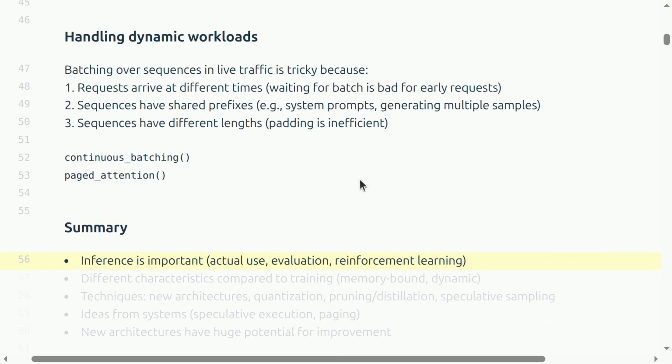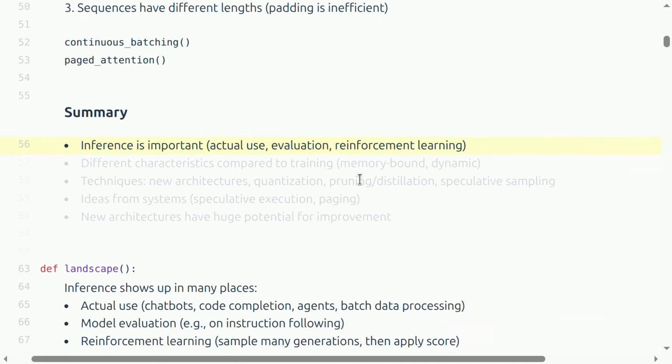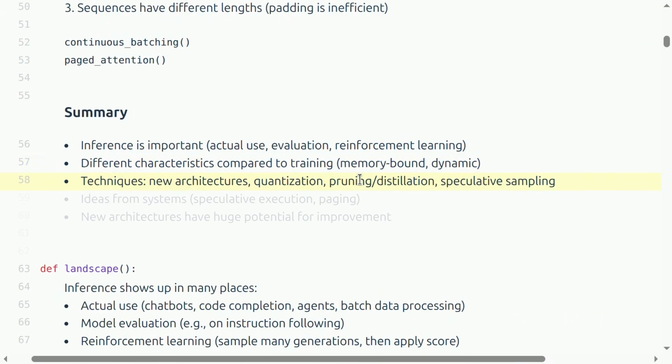Okay, so, summary here. Inference is really, really important. It's very different from training, even though it's the same model, because you're asking the model to do something very different. It ends up being very memory bound, and it's also dynamic if you're in a live chatbot use case. We saw a variety of different techniques to improve inference.